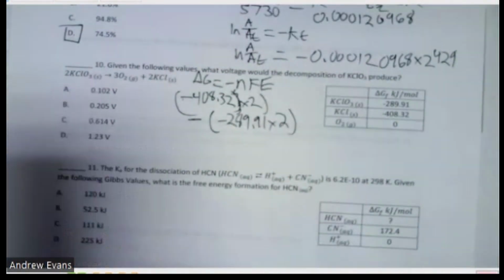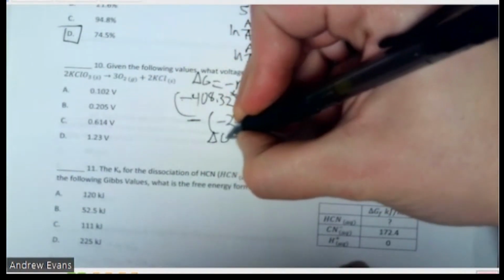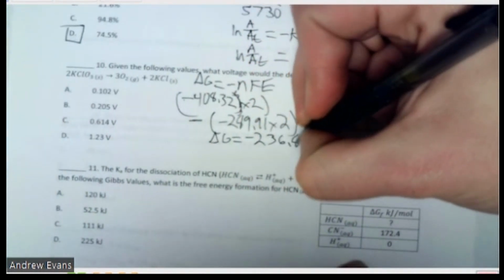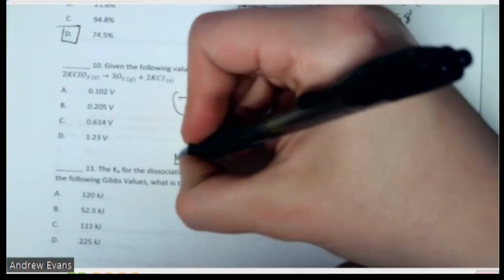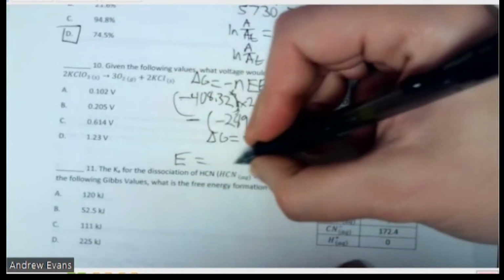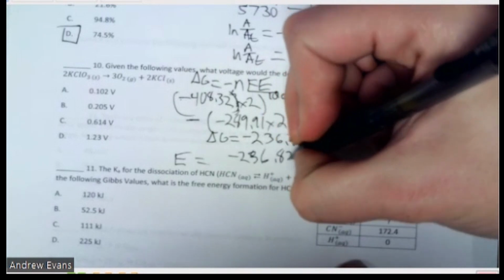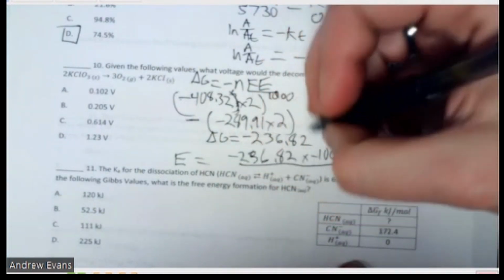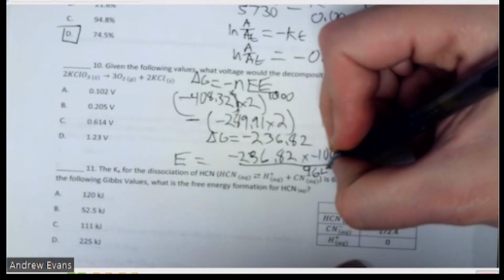So our delta G is negative 236.82. So to get the E, it is going to be negative 236.82 times a negative 1,000 divided by N and F, 96485.